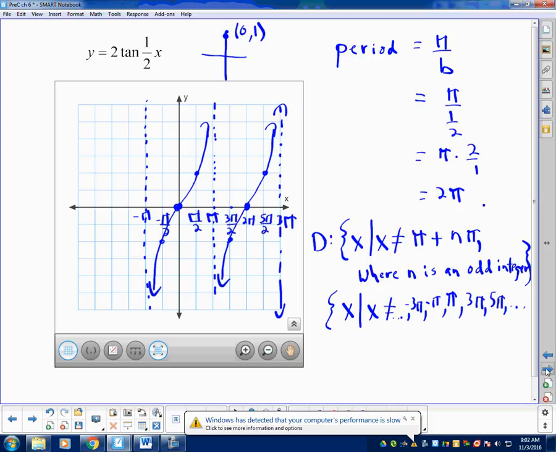If that's easier for you, I'm fine with that. Just make it clear to me that you know where the vertical asymptotes are located. And then the range is negative infinity to infinity. Any questions on that? You know this is new.